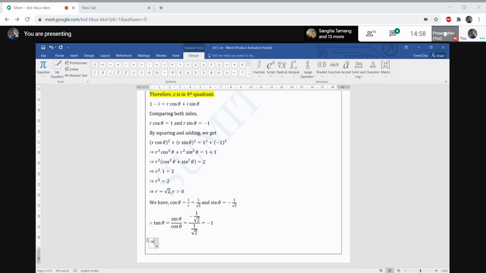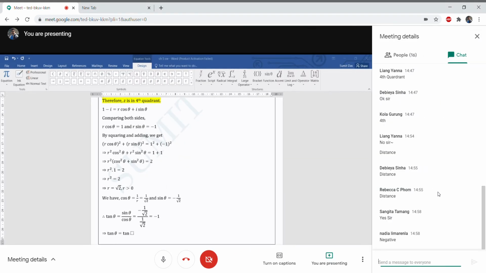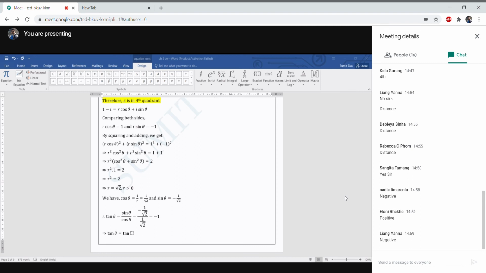Negative, yes. This is one very simple line after school to college. So first quadrant all positive, second quadrant sin positive, third quadrant tan positive, fourth quadrant cos positive. That means in fourth quadrant tan is negative.